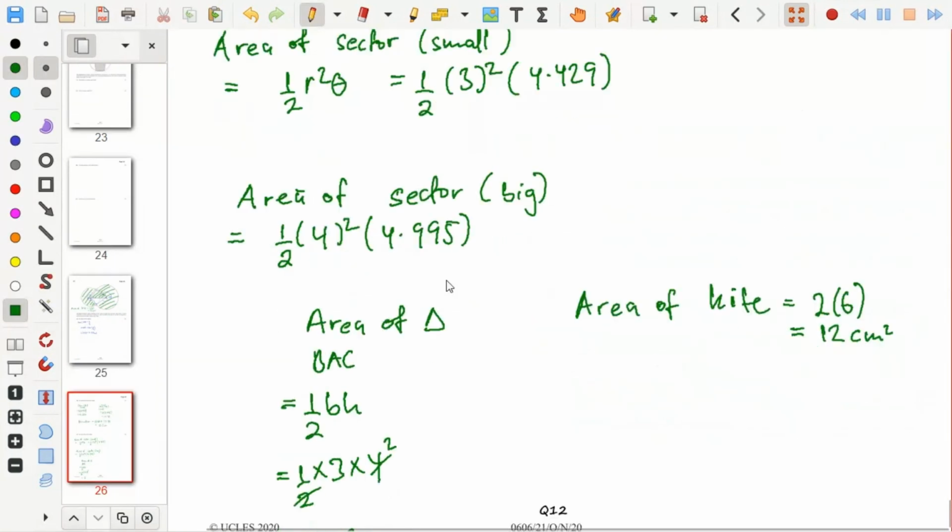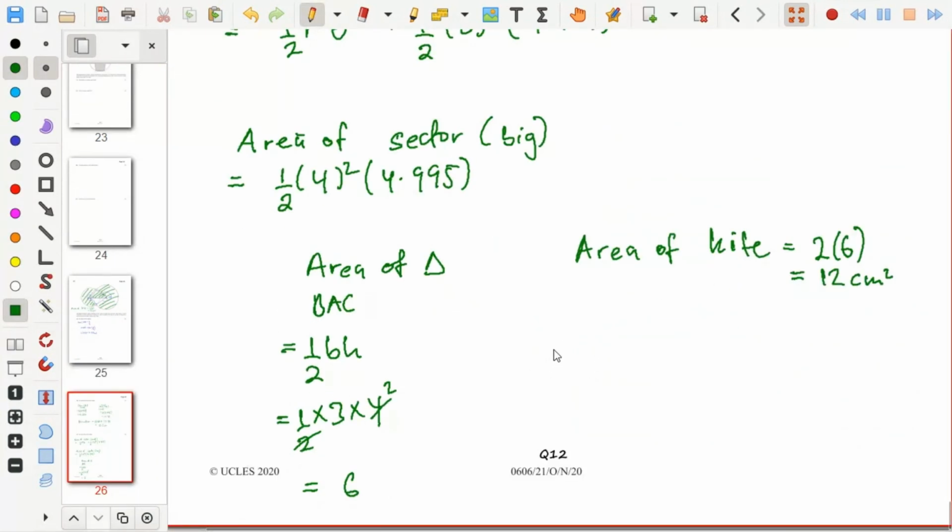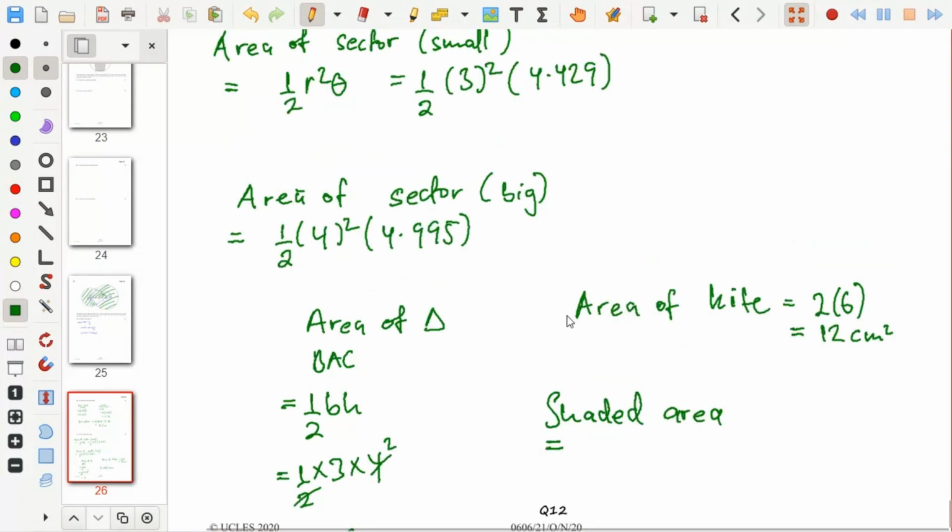So the area of the shaded region is going to be... I didn't find a value here. Let me do that quickly. 19.9, 39.96, plus 12.